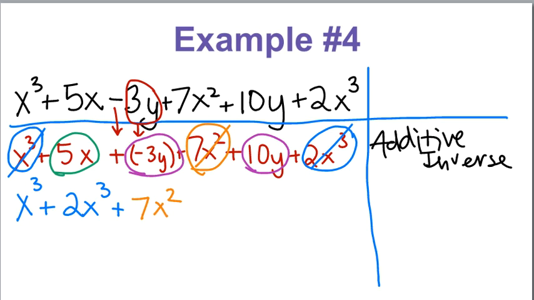Now I look for my terms with a variable to the power of 1. I have x's and I have y's. Alphabetically, x's come first. So 5x goes first. And then finally my y's.